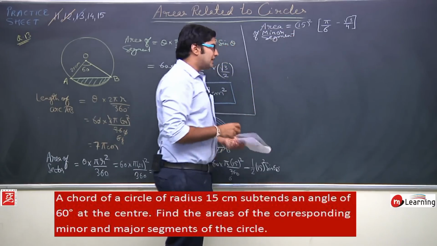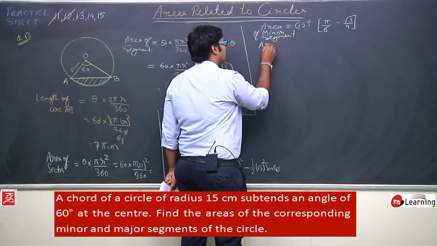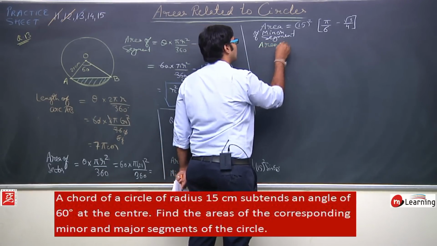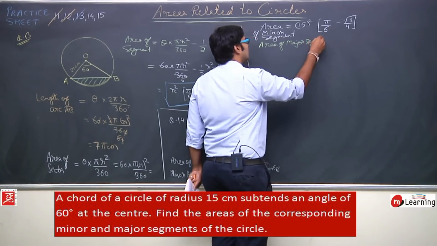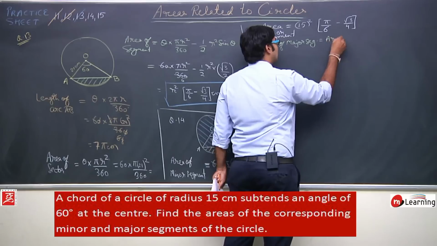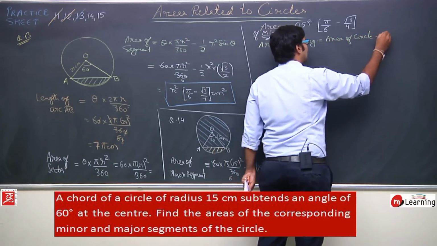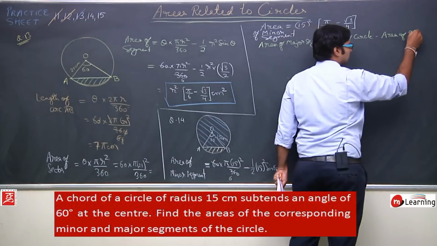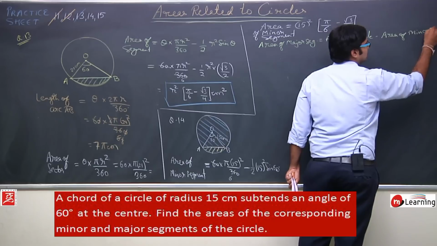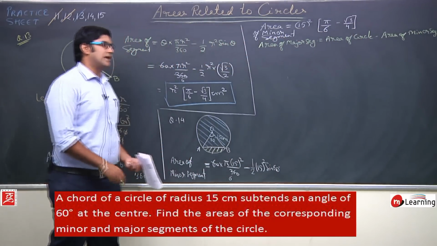Now how to calculate the area of the major segment? Area of the major segment is equal to the area of the circle minus the area of the minor segment.